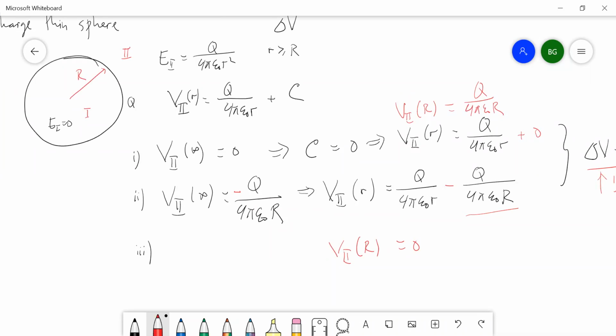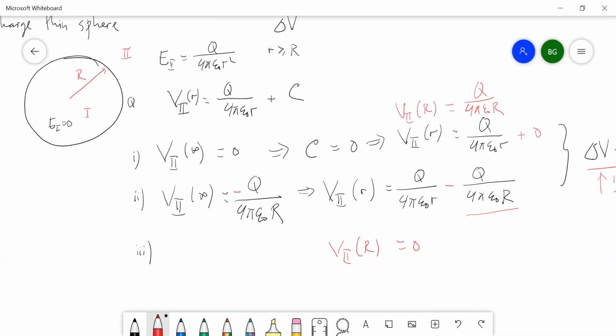So if you set at infinity, for example, minus Q over 4 pi epsilon 0 R, then you get the potential at the sphere surface to be 0. But in the first model, it's non-zero, okay? But at infinity it is 0.